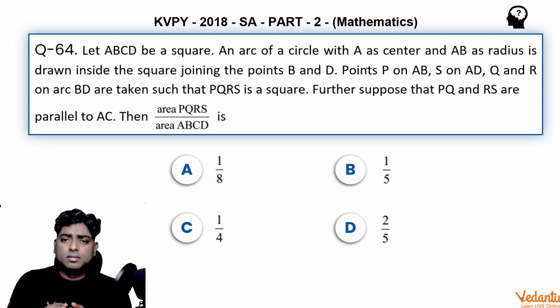We'll draw the picture accordingly. Further, suppose PQ and RS are parallel to AC. Then the ratio of areas of PQRS and ABCD is: the options given are 1 by 8, 1 by 5, 1 by 4 and 2 by 5.